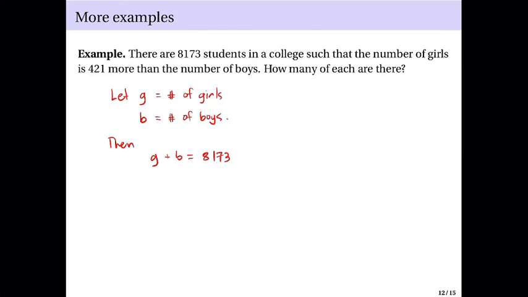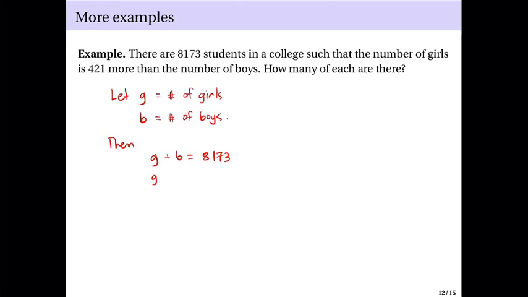So usually students get confused on how to translate statements similar to this to mathematical statements. Listen carefully. You have here the number of girls, which we already set as G. The word "is" here will represent your equal sign.